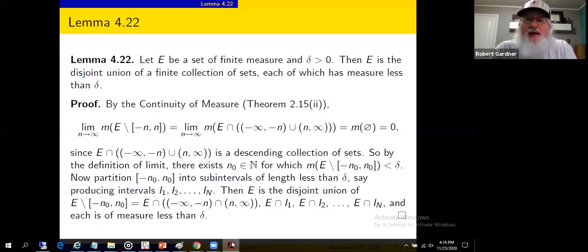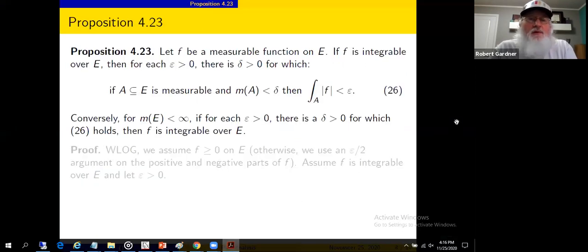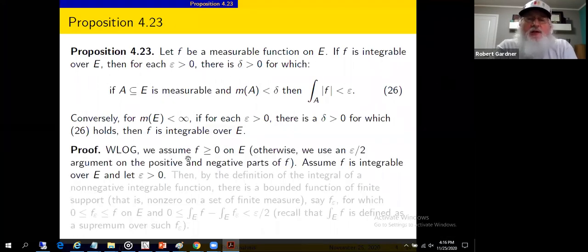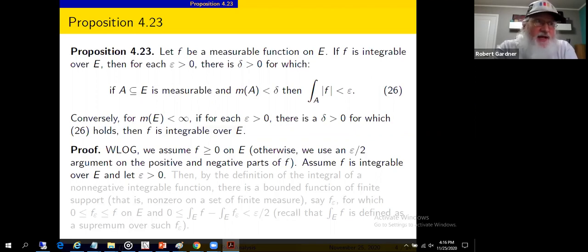Let's look at a proof of that. Okay. f is a measurable function. f is integrable over set E. We can assume without loss of generality f is non-negative. Either that, or we break this into a positive part and a negative part. Remember, positive and negative parts are, ironically, both non-negative.